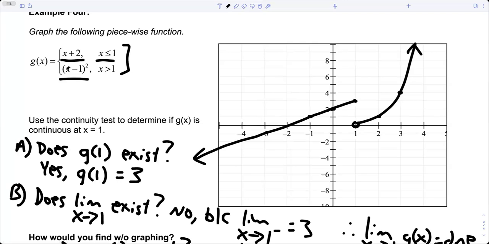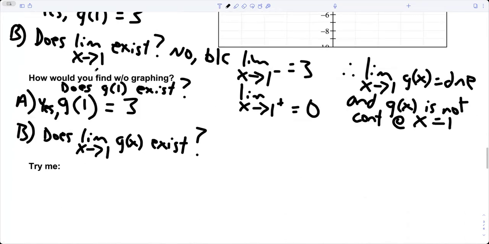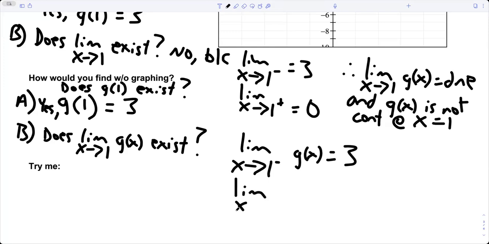I kind of talked through that, but now let's write it down. And this is also important, okay? You must show the one-sided limits. So I've got the limit as x approaches 1 from the negative side of G of x equals 3. And the limit as x approaches 1 from the positive side of G of x equals 0.